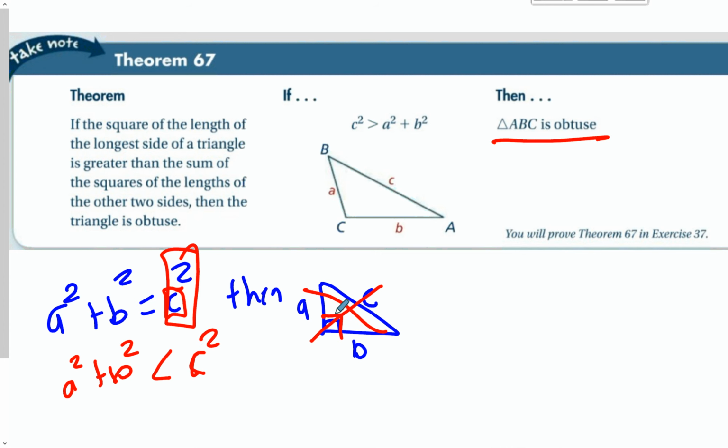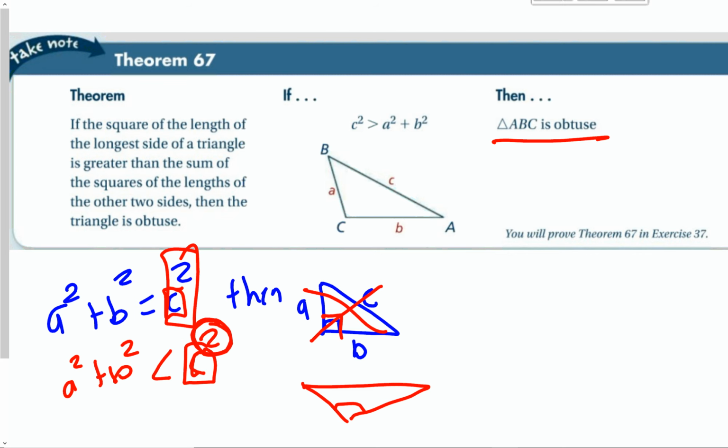So it's not a right triangle, it's an obtuse triangle. That means this angle right here is bigger than 90 degrees. So if c squared is bigger, not just c, but c squared, then it is an obtuse triangle.